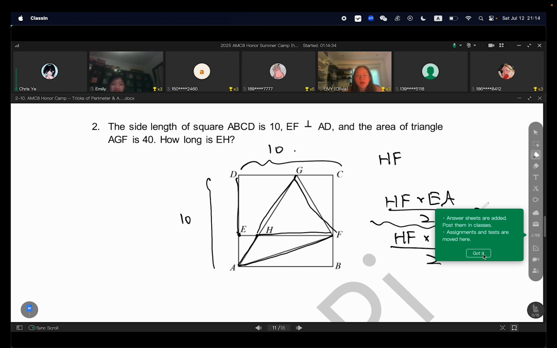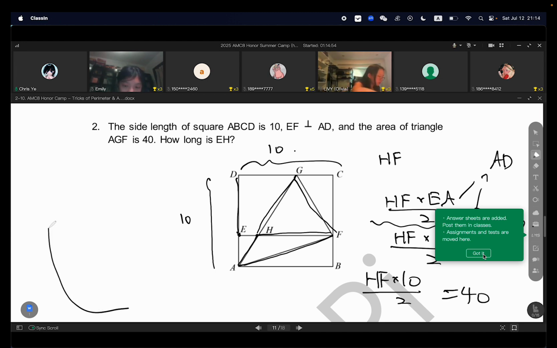Together, the area is 40. EA plus ED is the same as AD, which is 10. So we can just say HF times 10 divided by 2 equals 40.